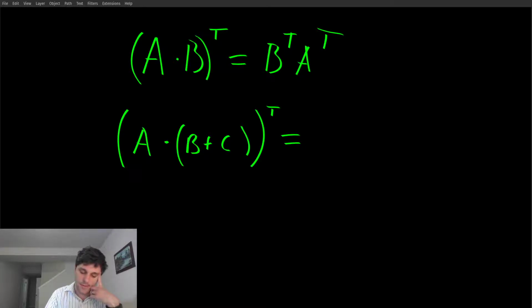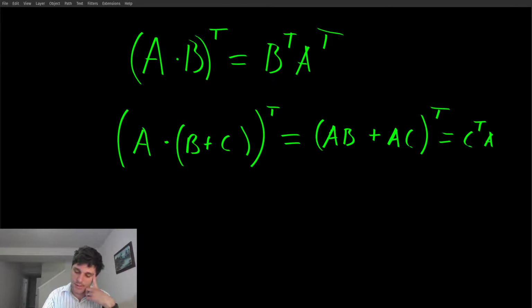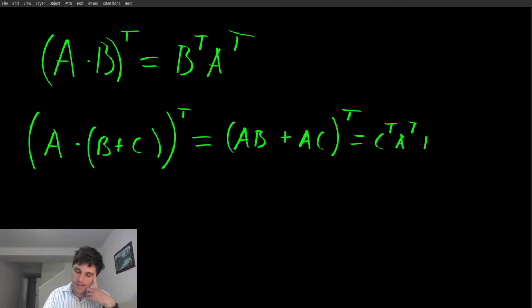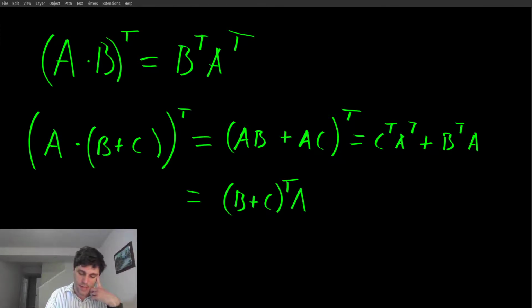If I wanted to do the distribution first, I would get AB plus AC transposed, which is equal to C transpose A transpose plus B transpose A transpose. Or I could do it the other way first, where I go B plus C transpose A transpose, and then do the distribution after that.